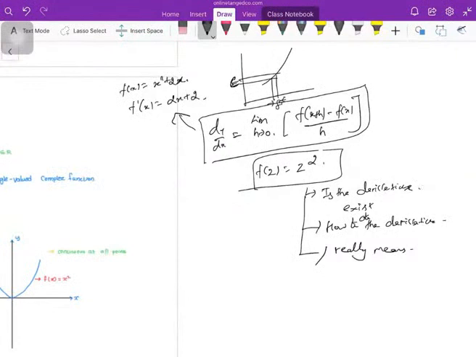This kind of question will be asked. In the real plane we can easily say that the derivative is the slope at a particular point. You know that very well.